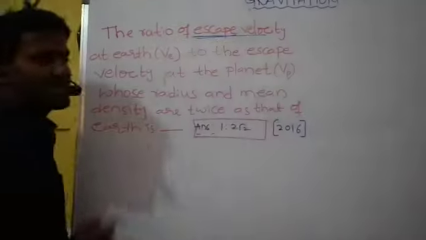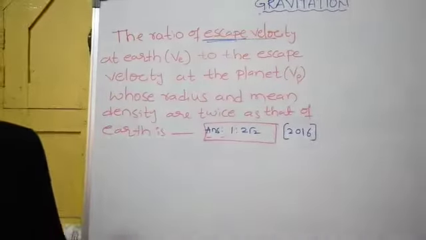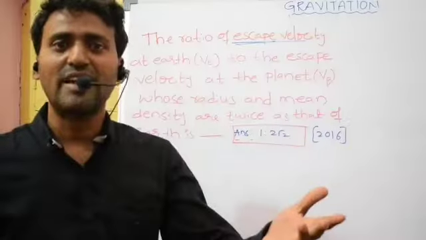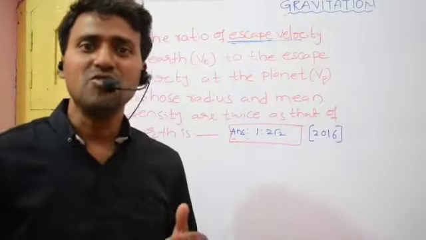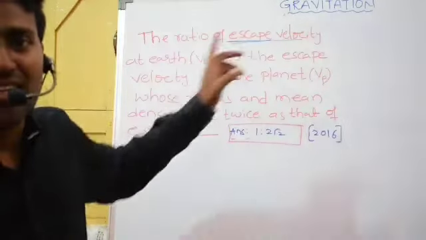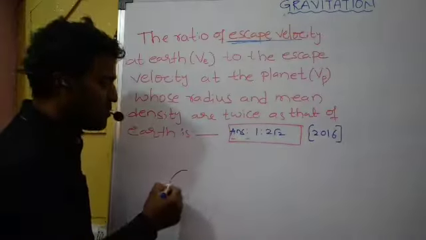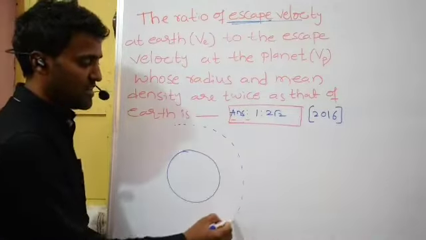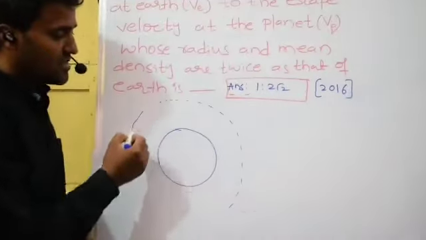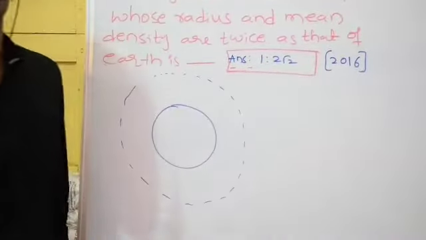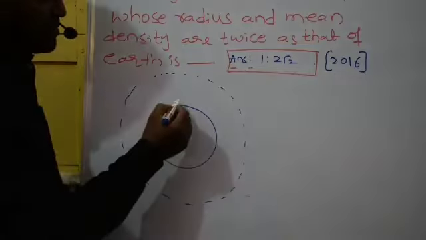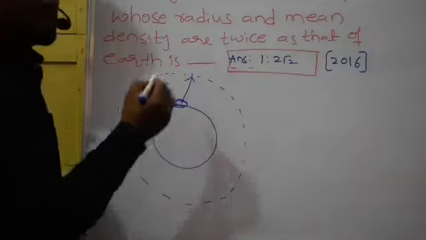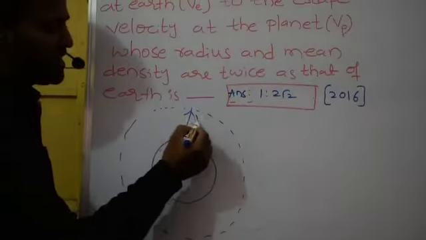First, escape velocity. What is escape velocity? The minimum velocity required for an object to escape from the gravitational force is called escape velocity. For your understanding, this is the Earth, and this surrounding is nothing but the gravitational field of the Earth. One object is projected in the upward direction with a velocity v.